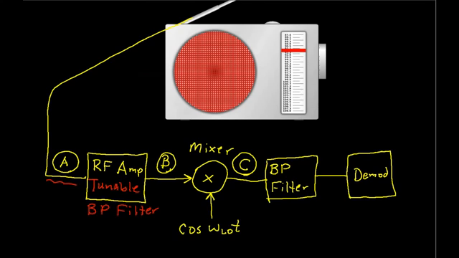So now we need to look at what happens in the mixer. The mixer multiplies the signal at B by cosine omega LO t. Omega LO is the frequency of a local oscillator, and it's equal to omega c minus omega IF. Omega IF is called the intermediate frequency, and in AM radios this is typically 455 kilohertz.